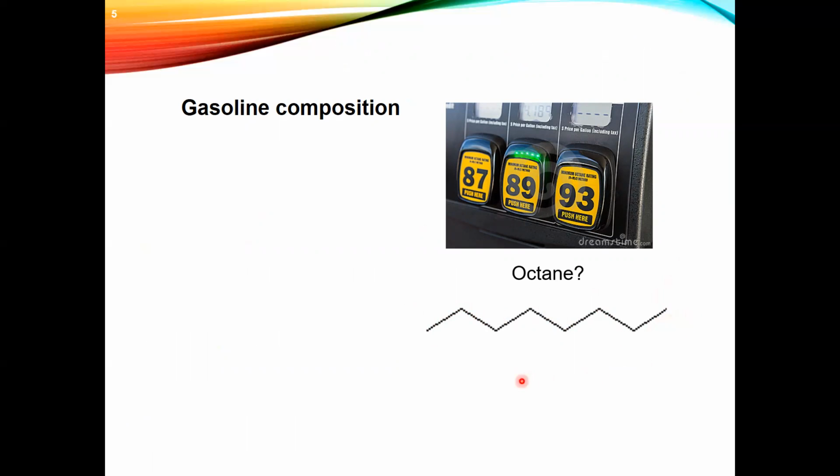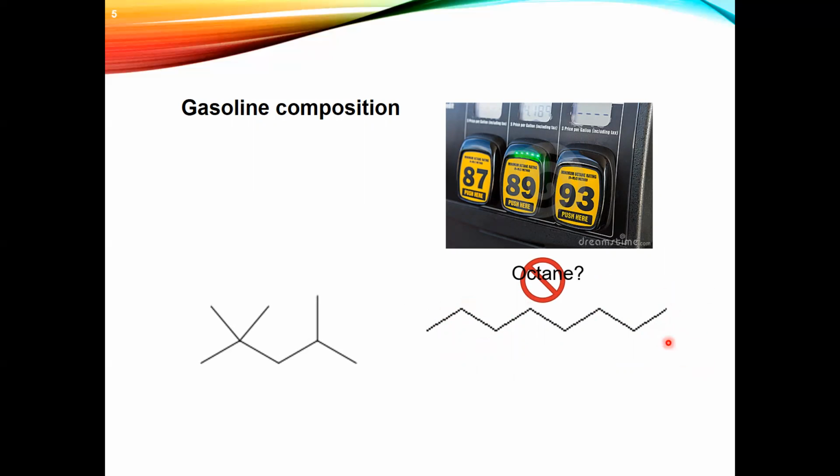You should be able to look at this and say I have 8 carbons, and then also be able to count the hydrogens on here. You have 18 hydrogens on there.